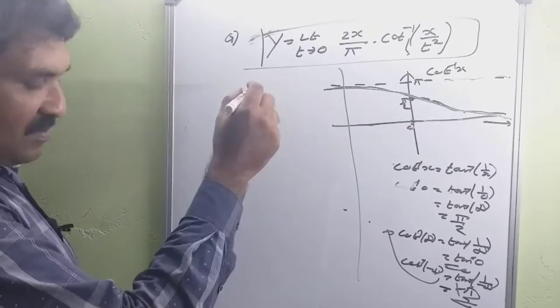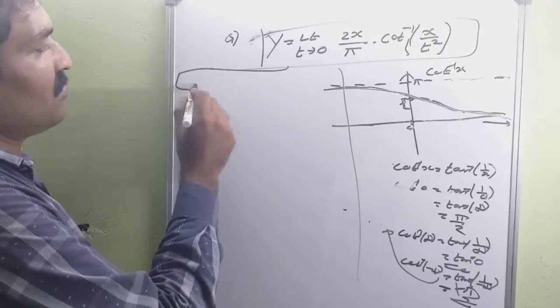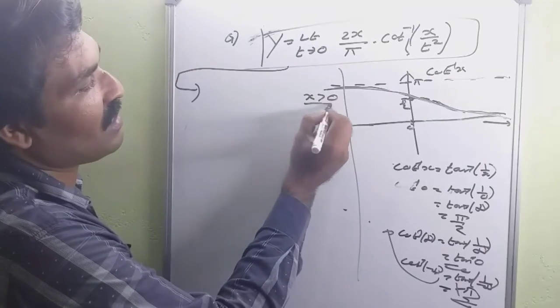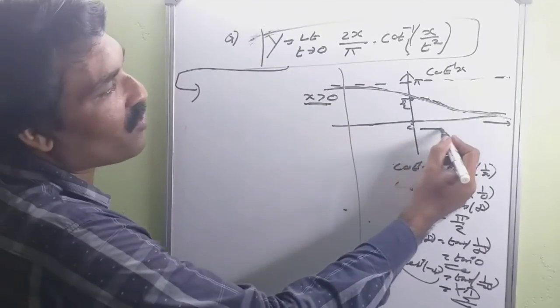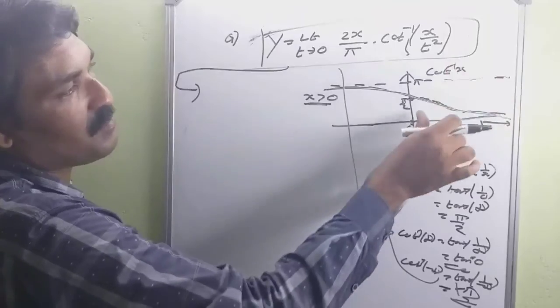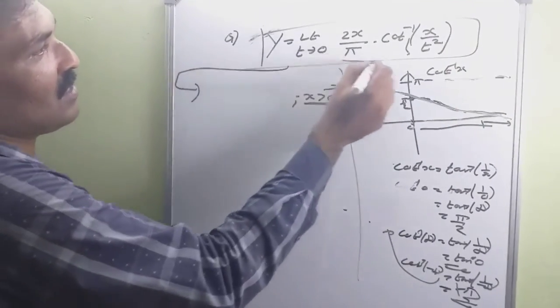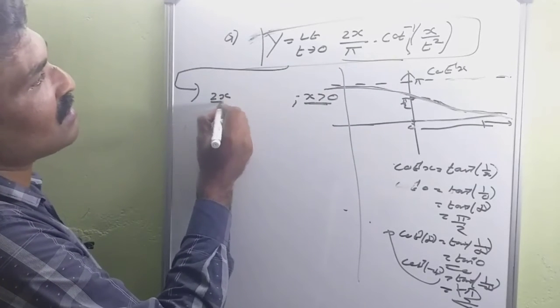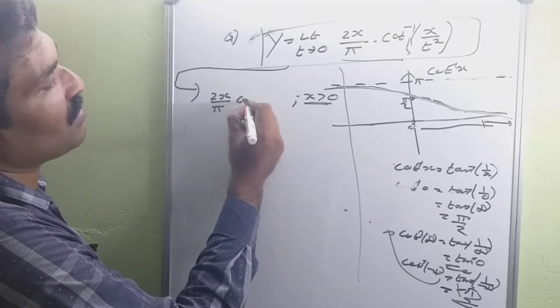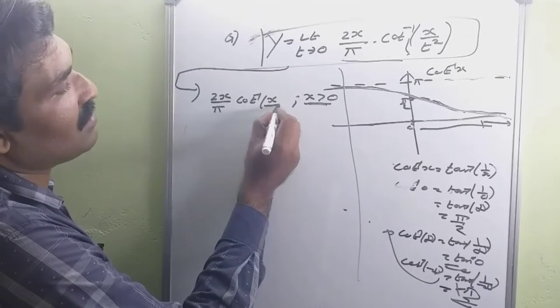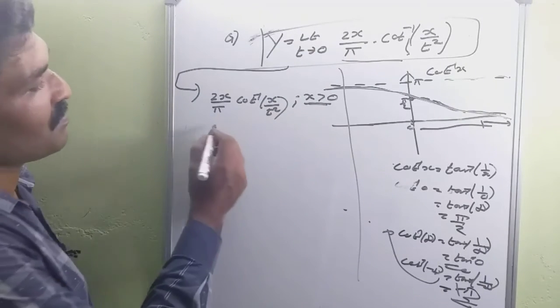Now for x greater than 0, the value of cot inverse is positive. That is, for x greater than 0, this function is equal to 2x by pi into cot inverse of x by t square.